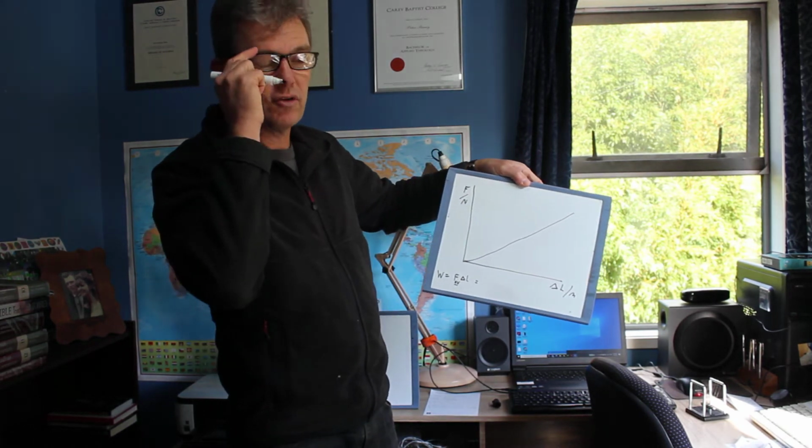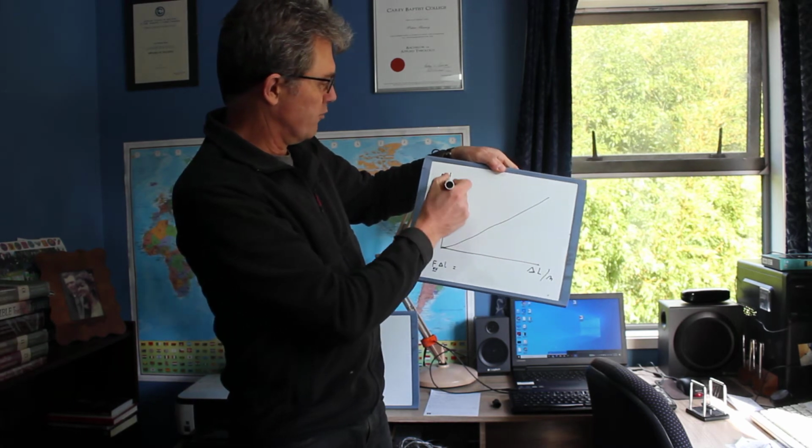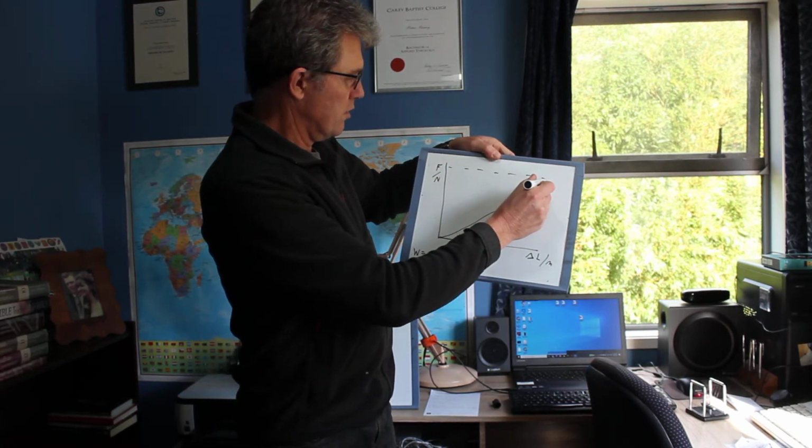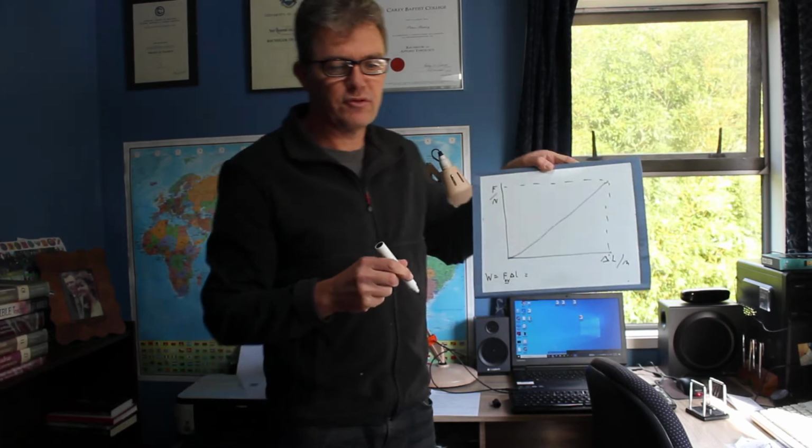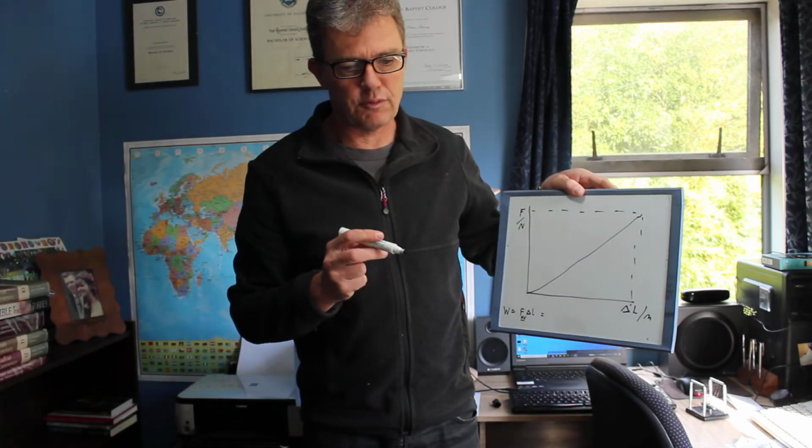Doesn't look brilliantly straight. By the time you get to a maximum force F, you've got extension L. And that's what we call a directly proportional relationship. You know that.